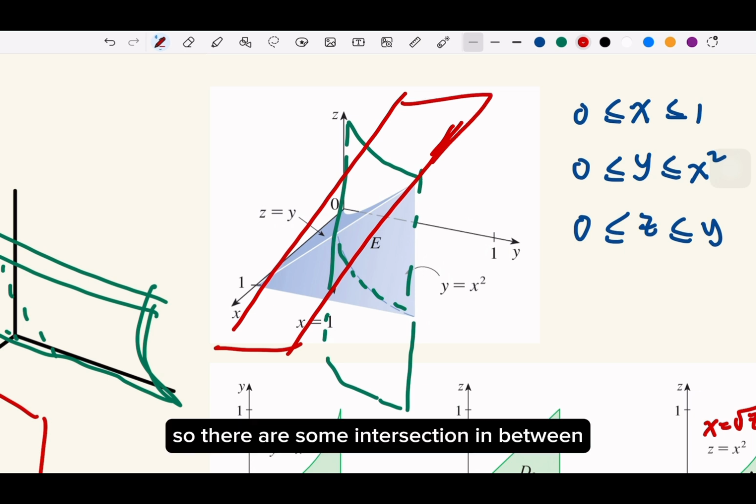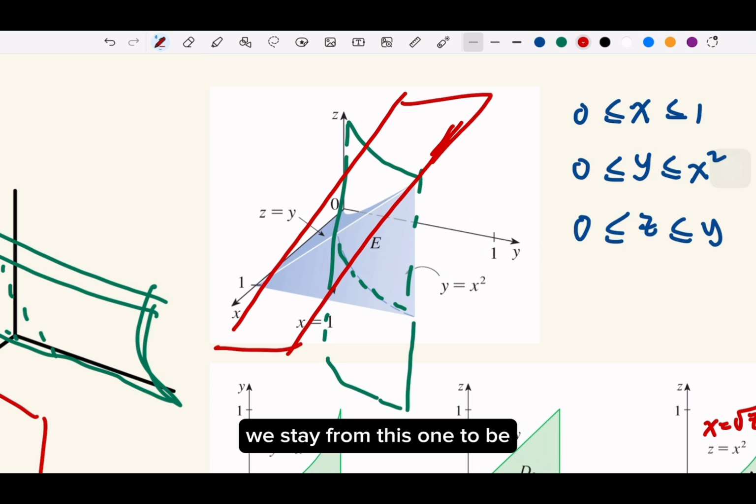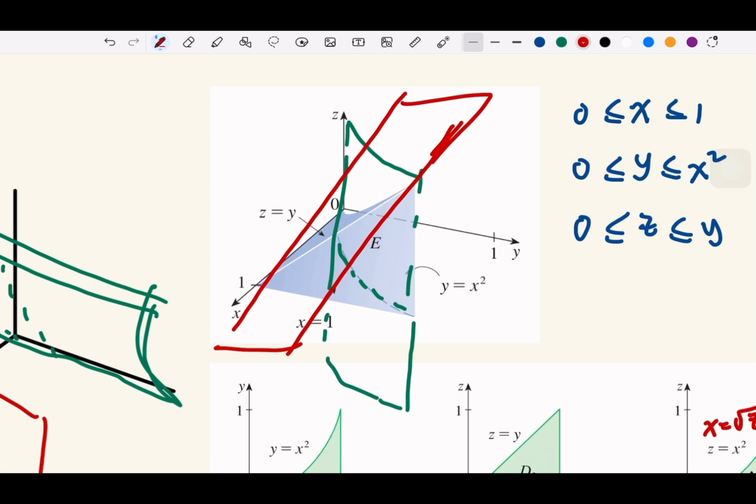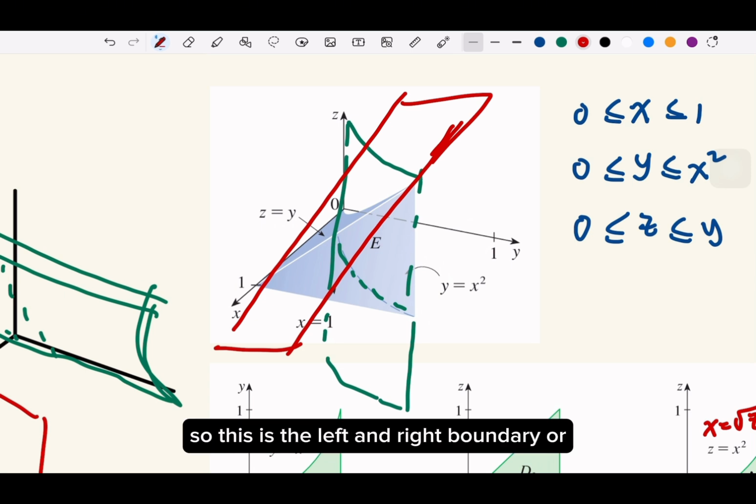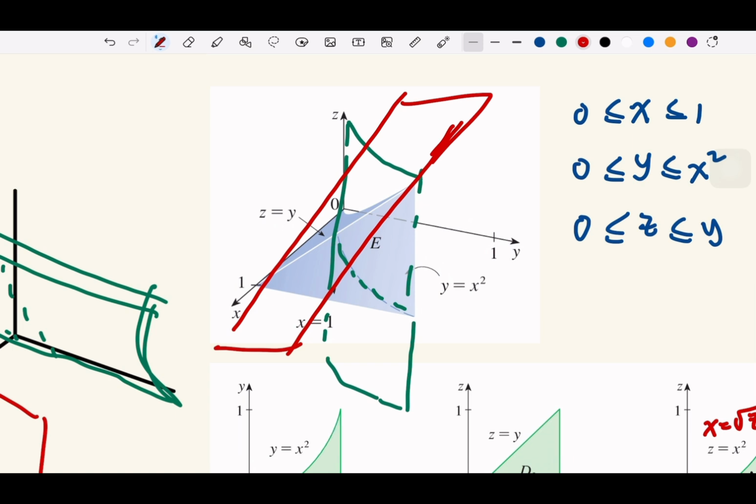So there is some intersection in between, and we go from this y equals z to this y equals x squared. I hope, but I think my drawing is not clear. But actually we start from y equals z, this plane, and then we move to this boundary here. So this is the left and right boundary, or bottom and top boundary.